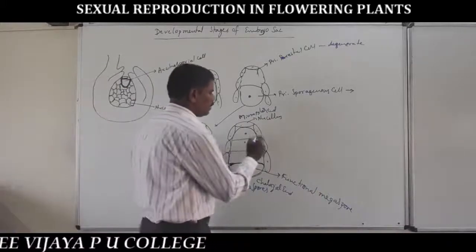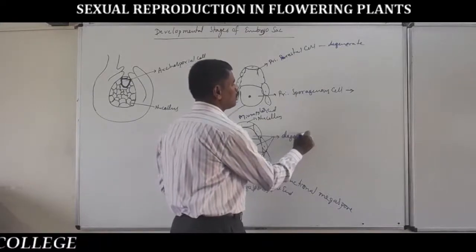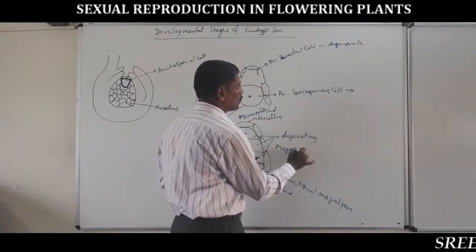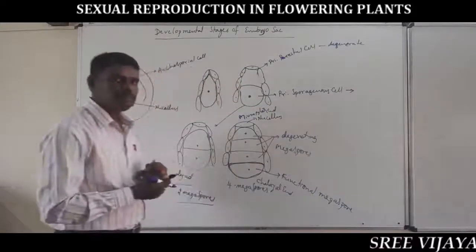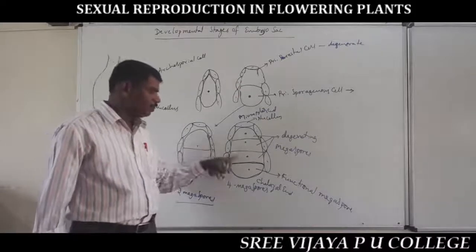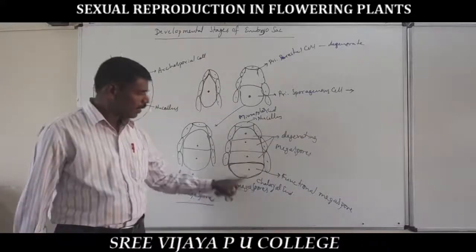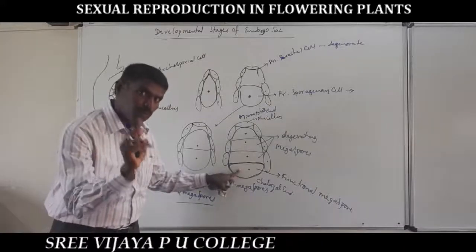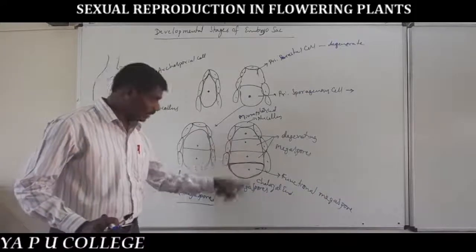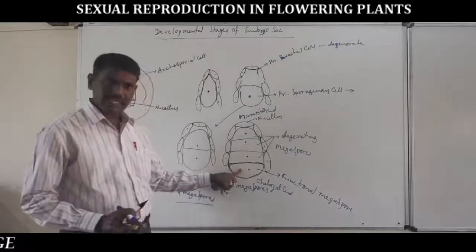These three are degenerating megaspores. After some time, after they divide, it leads to the formation of 4 cells. Out of these 4 megaspores, the megaspore present towards the chalazal end remains.